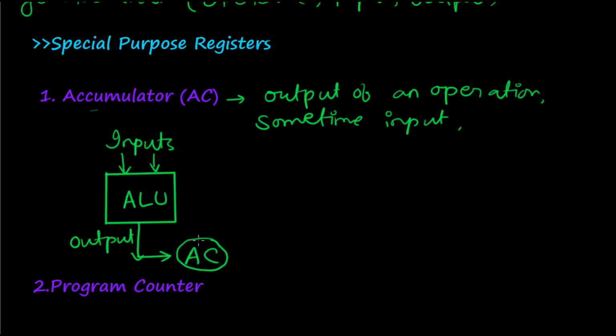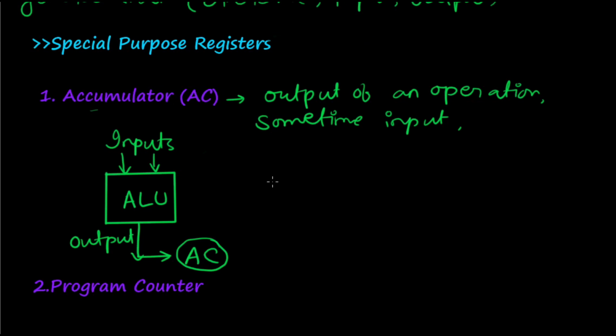If you have not mentioned anything, then the output of the ALU will be stored in the accumulator. If you have mentioned any register name, then that output will first come to the accumulator and then to that general purpose register I told you about earlier. But if you haven't mentioned, then by default in different architectural designs, this output is stored in the accumulator.